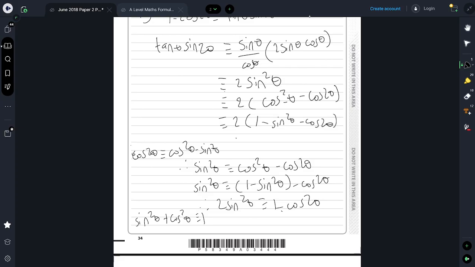But that wouldn't help, would it? Because there's now still a sine squared, and we want to get rid of the sine squared, which is the whole idea.